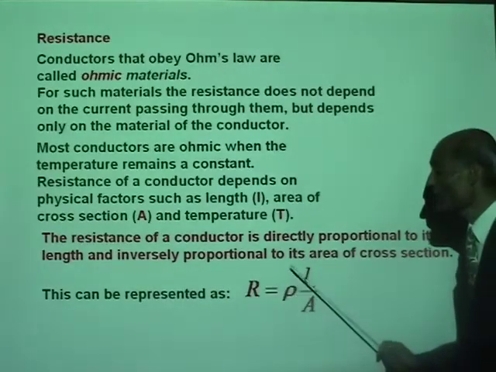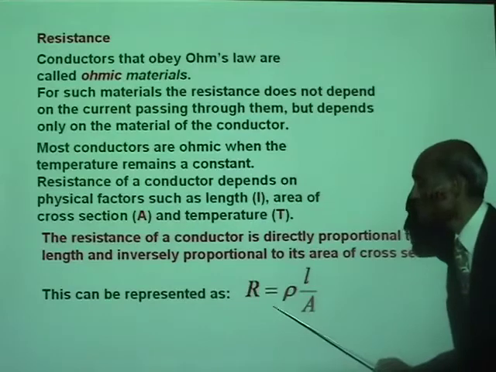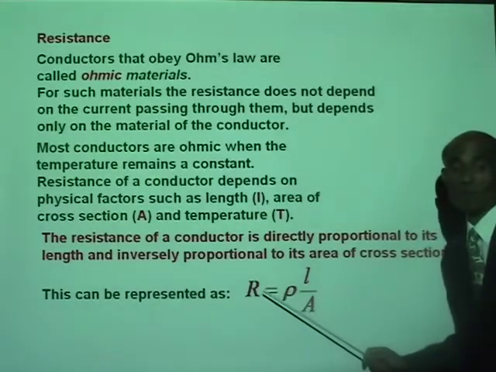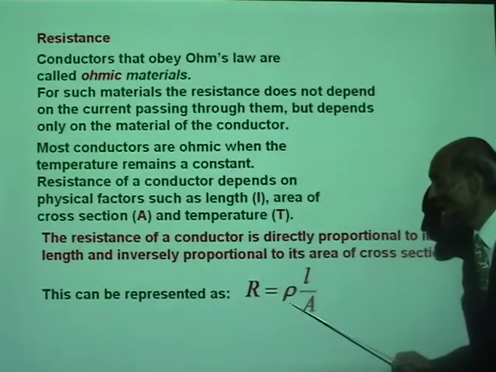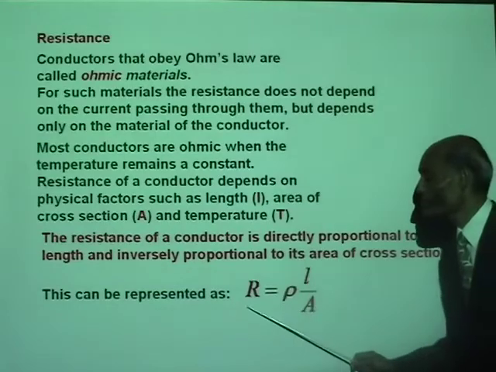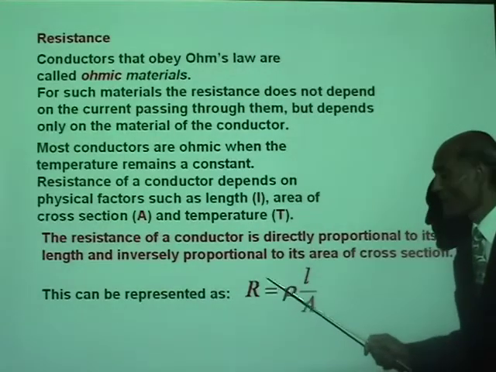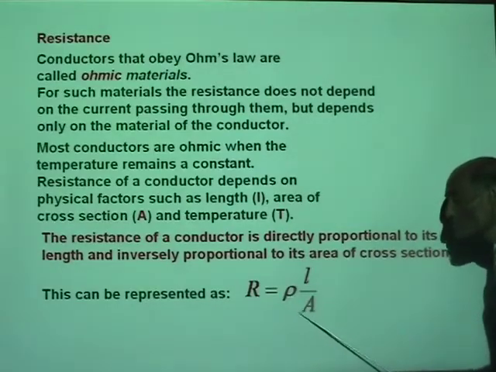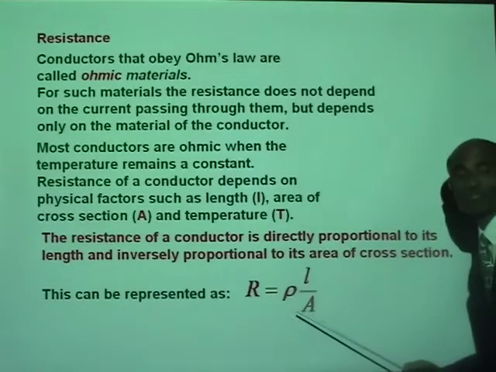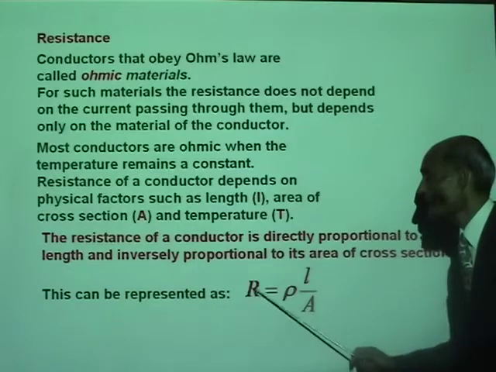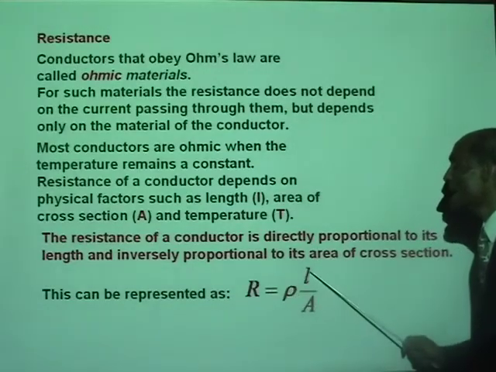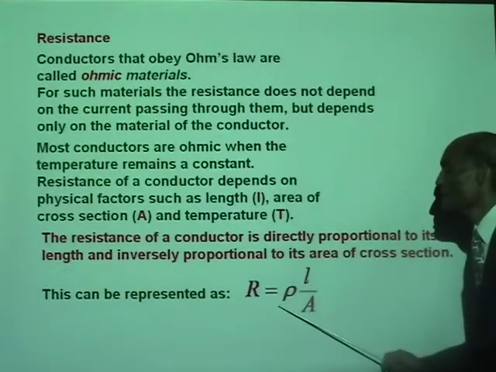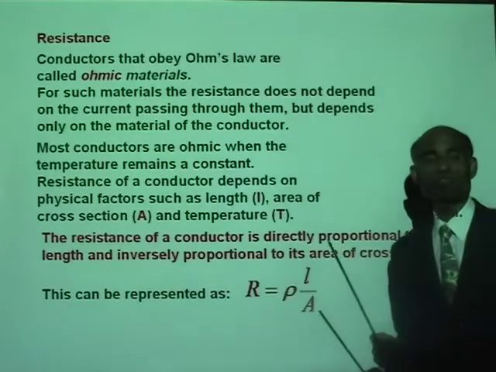You notice here, I have replaced the proportionality sign by an equal sign, adding a constant. Resistance R is directly proportional to the length and inversely proportional to the area of cross-section, or R equals rho L over A. This is a Greek letter pronounced rho.